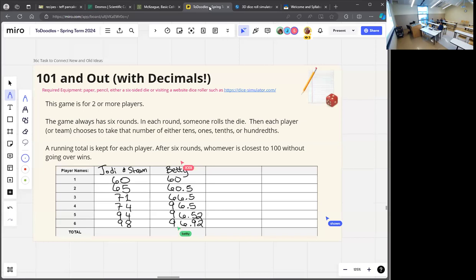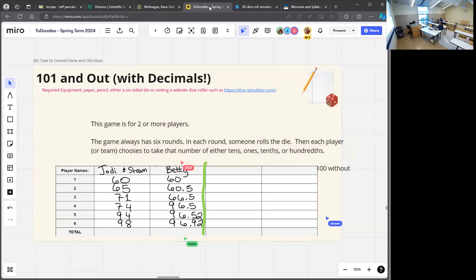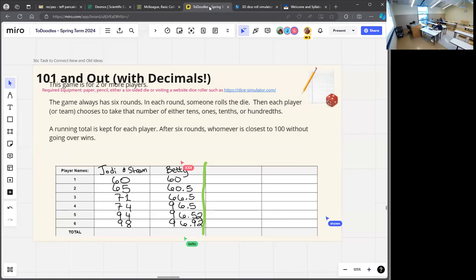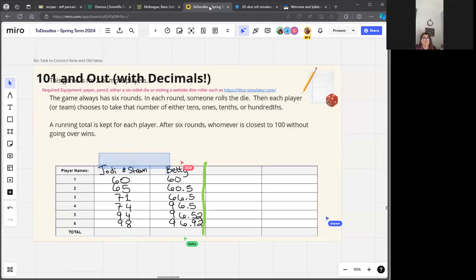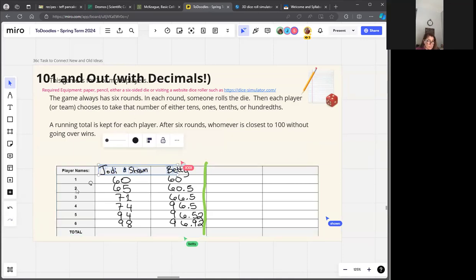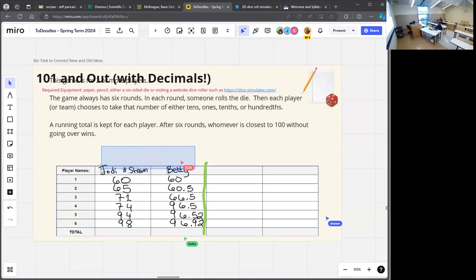Yeah, I like this. Do you want to try again? Yeah, sure, that's good. Okay, I'm going to just draw a line. And we'll do it again. Oops. Okay.